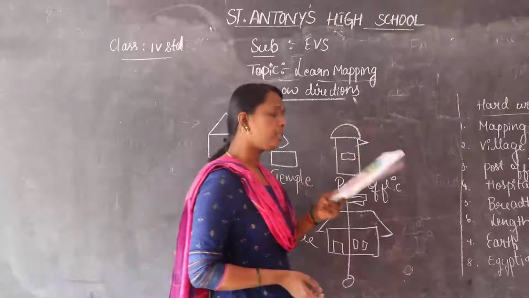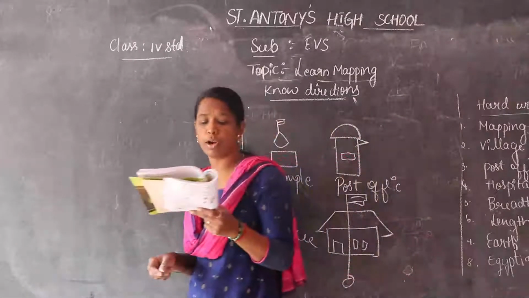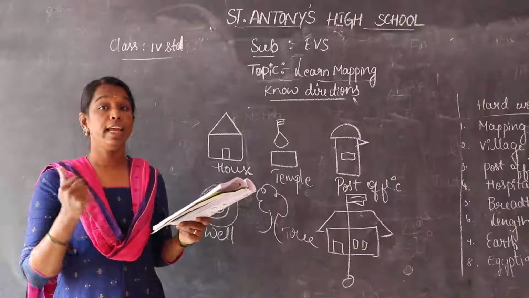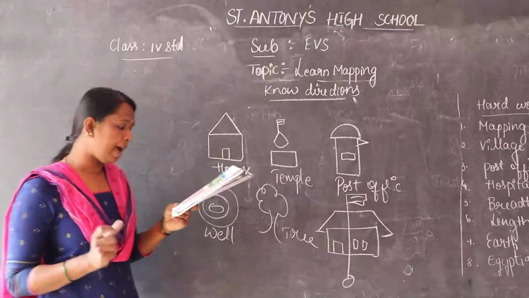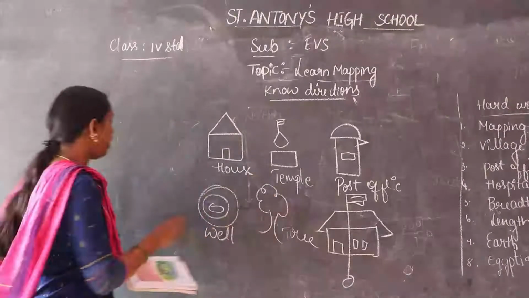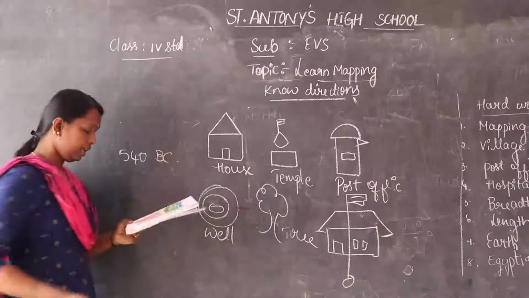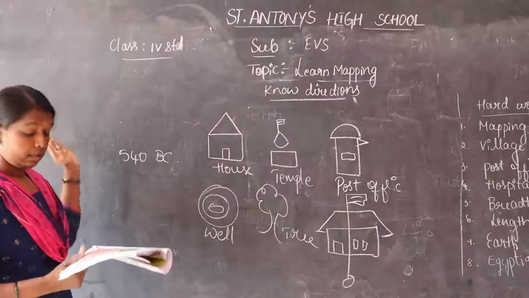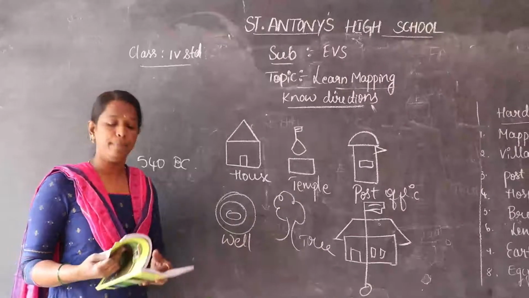It is believed that in ancient times, Egyptian kings used to draw maps to know the regions of their rule, and the Greeks drew the map of Earth in 540 BC. Look how long ago they drew the map of the Earth.